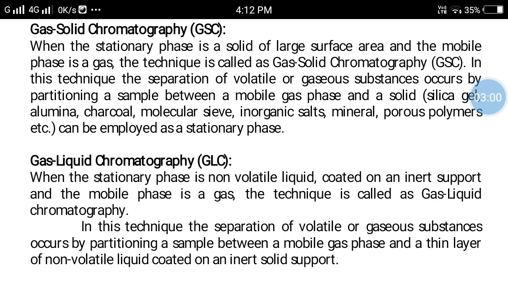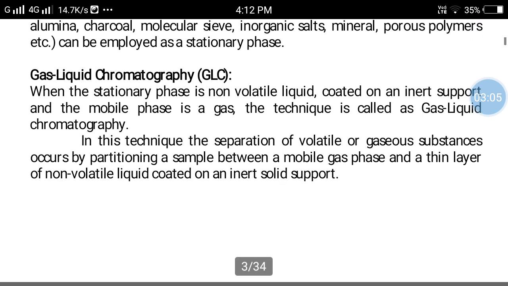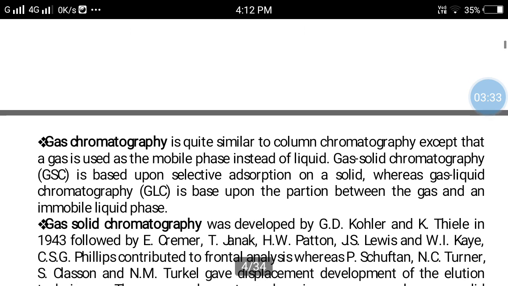In gas liquid chromatography, the stationary phase is a non-volatile liquid coated on an inert solid and the mobile phase is a gas. The technique is called gas liquid chromatography. In this technique, the separation of volatile or gaseous substances occurs by partitioning a sample between a mobile gas phase and a thin layer of non-volatile liquid coated on the solid support.